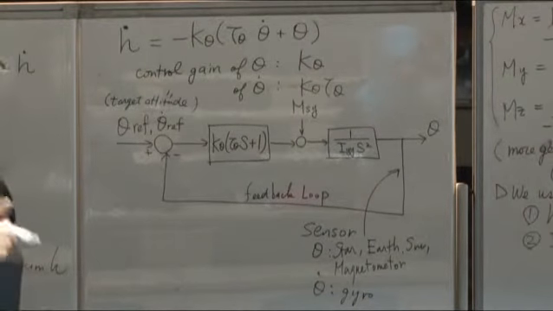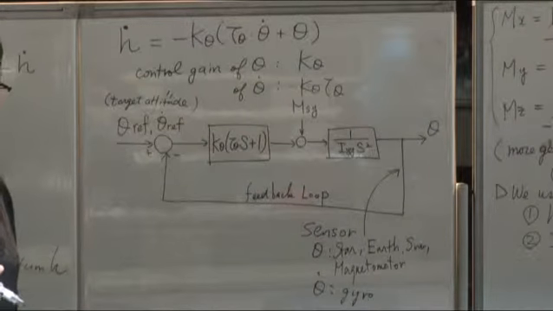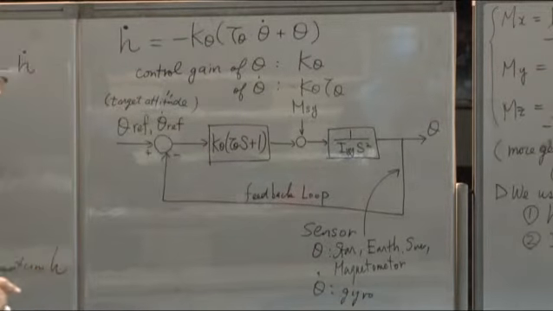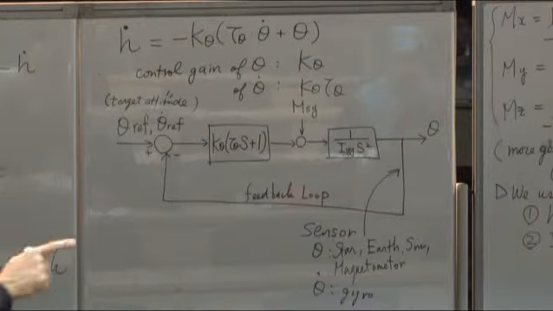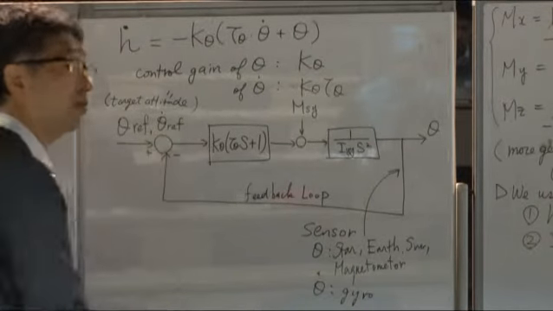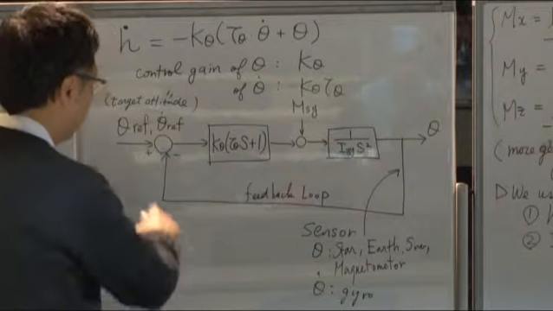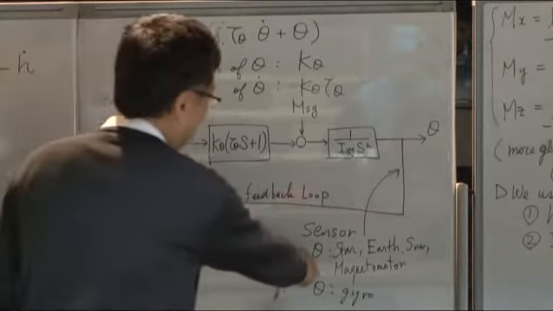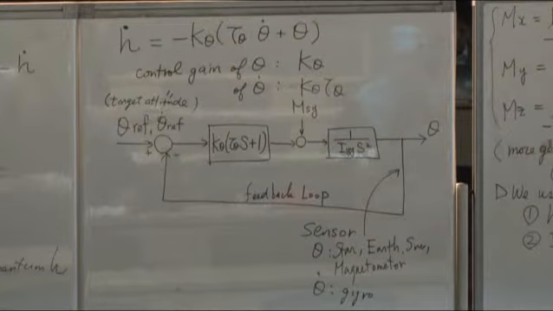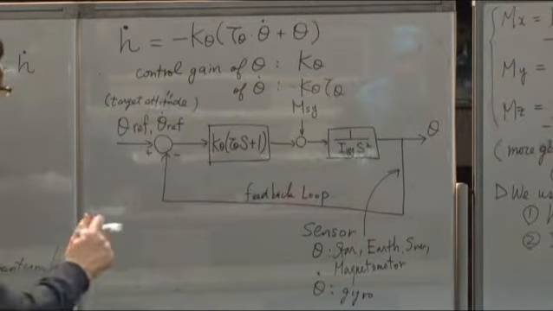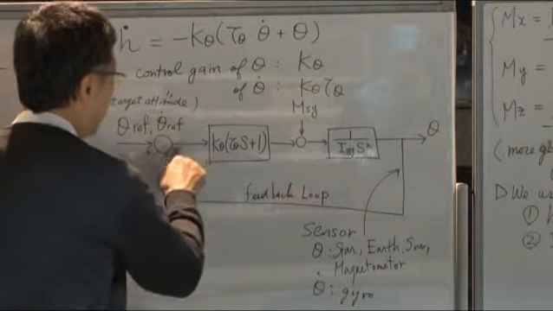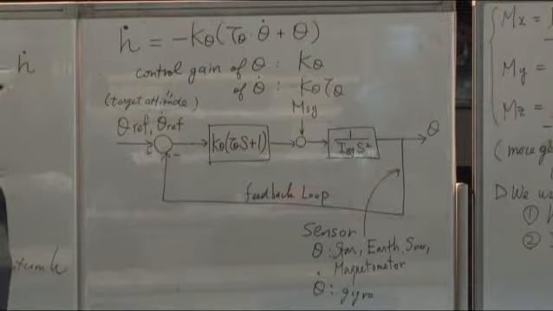Theta has a target, and theta dot has a target. These two values are subtracted from the actual theta and theta dot, and then we can obtain a difference between the actual value and the target value.